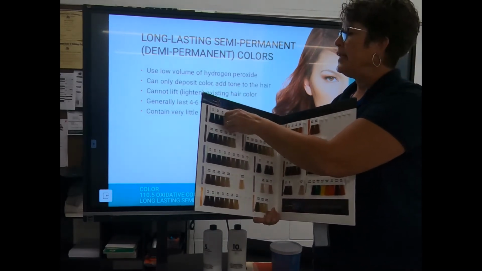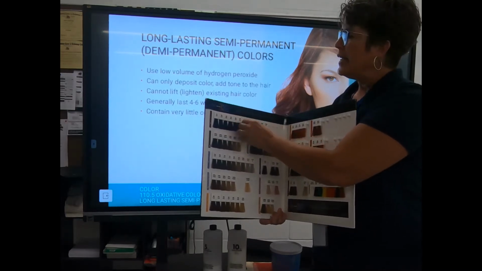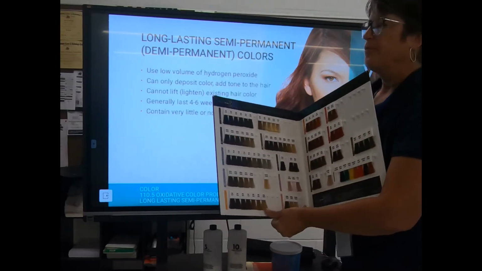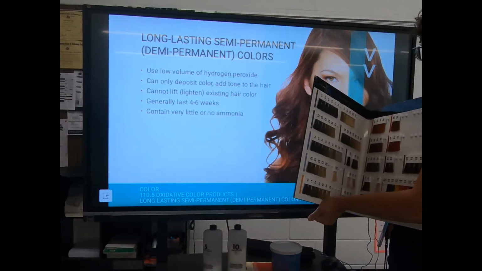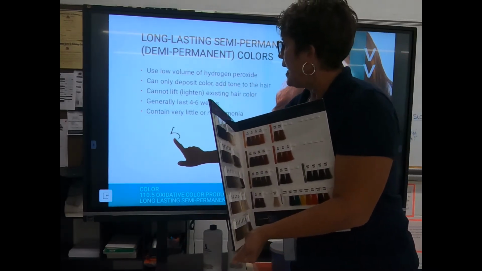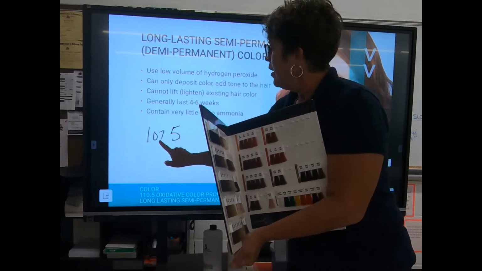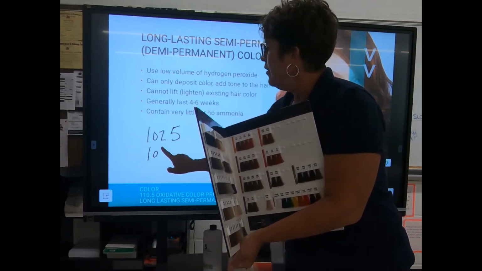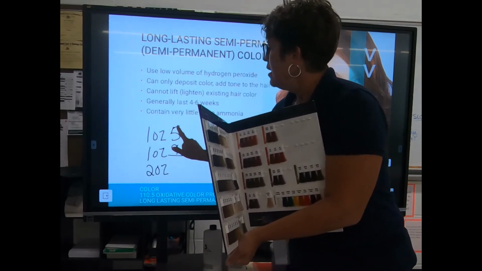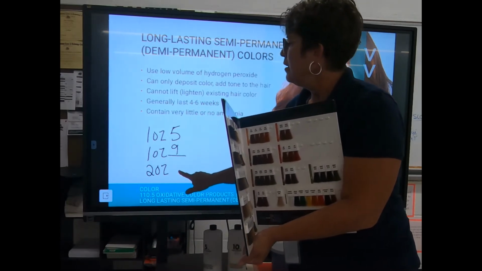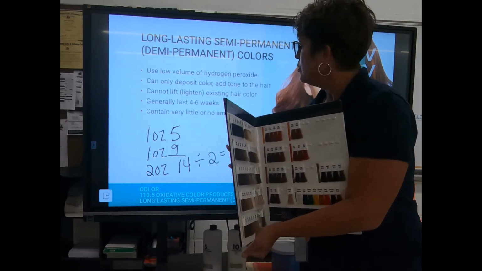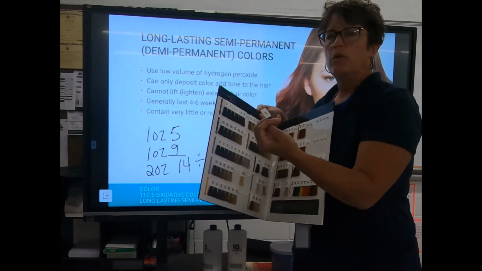So if I needed a level 7 and I didn't have it, it was missing, but I had a 5 and a 9. Okay, so if I go in here and I take an ounce of 5 and 1 ounce of 9, I now have 2 ounces, and 5 plus 9 is 14. 14 divided by 2 equals 7, the one that we were missing.